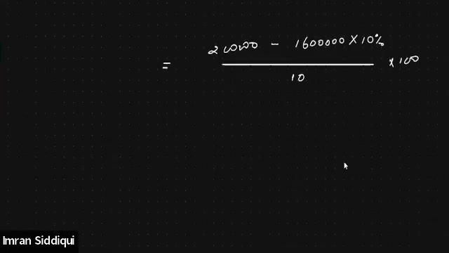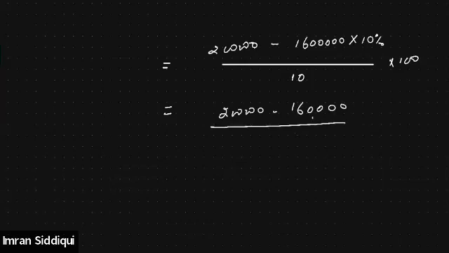Okay, now let's solve this. When you solve it, you will get 1 lakh... Yeah, this will be 2 lakh minus 1,60,000, divided by 10, multiplied by 100.